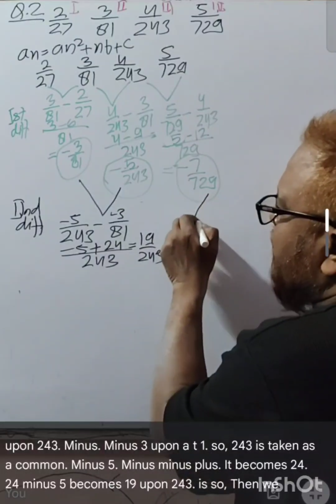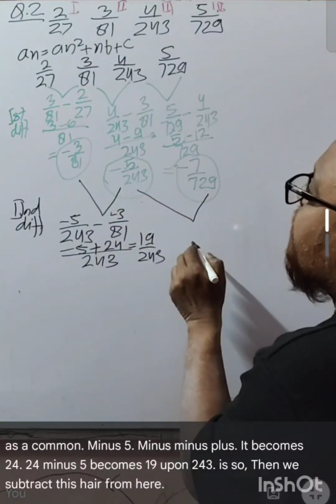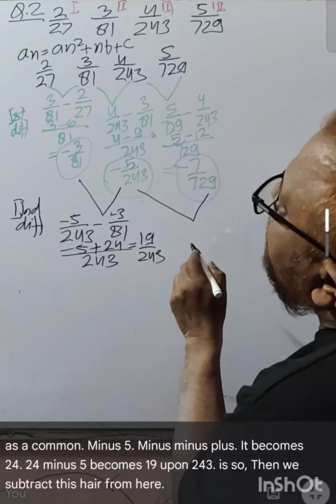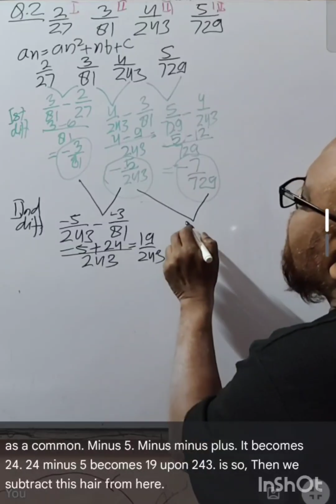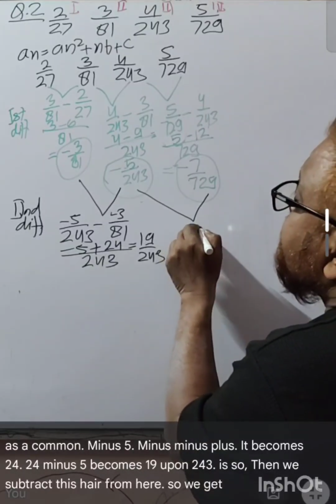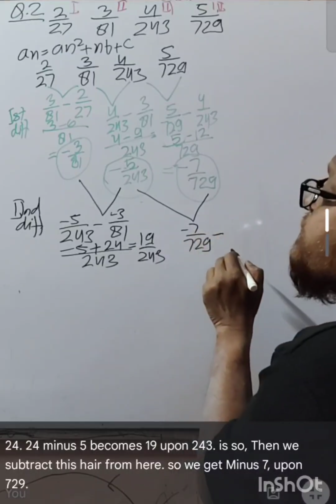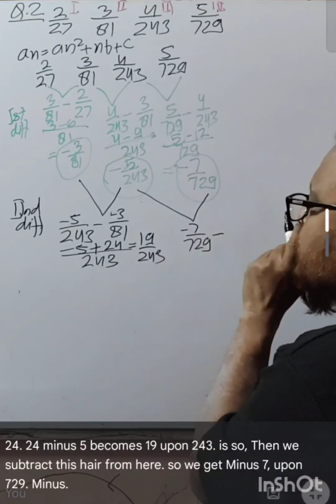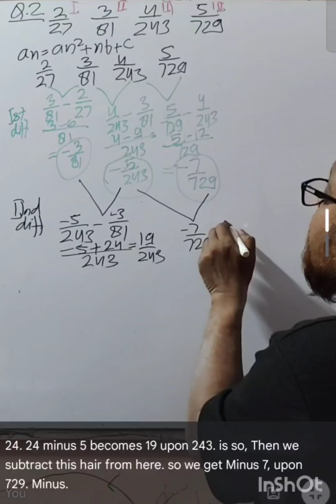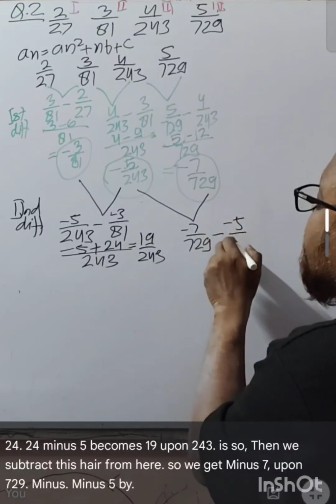Then we subtract this from here, so we get minus 7 upon 729 minus 5 by 243.